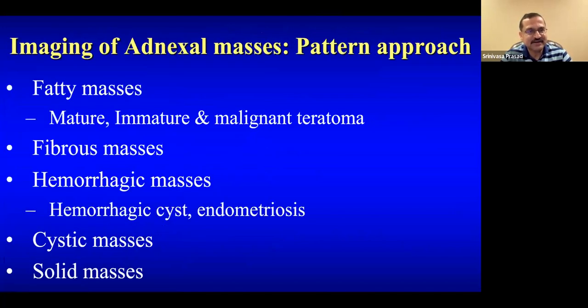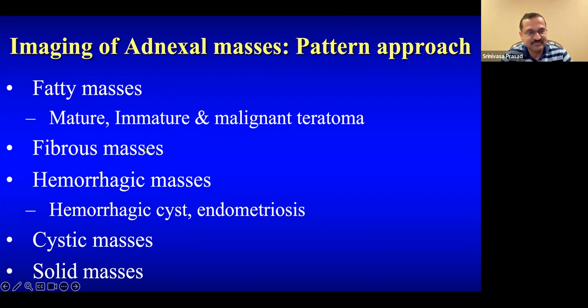From an imaging standpoint, we can categorize tumors based on what they're made up of. We can either see fatty masses that may be of varying histopathological maturity, because you can have a mature or immature or malignant teratoma that may manifest as fatty masses.